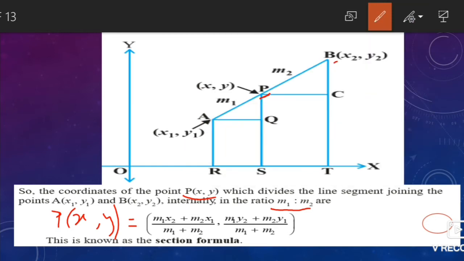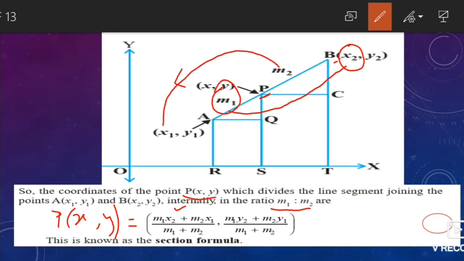Now how can I remember this formula? For the x coordinate, it is m1 into x2, the opposite one, plus m2 into x1, divided by the sum of the ratio.